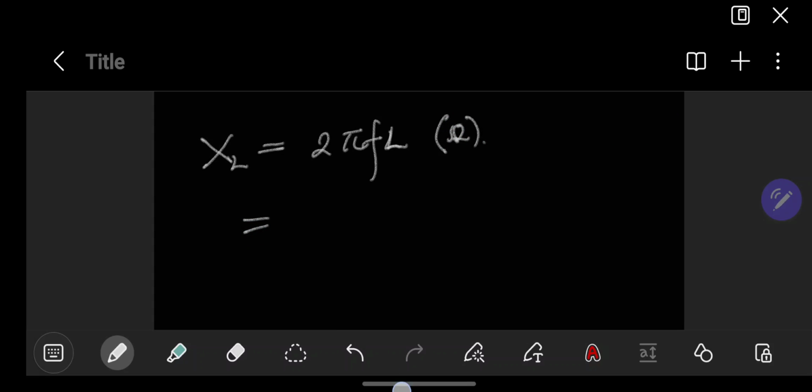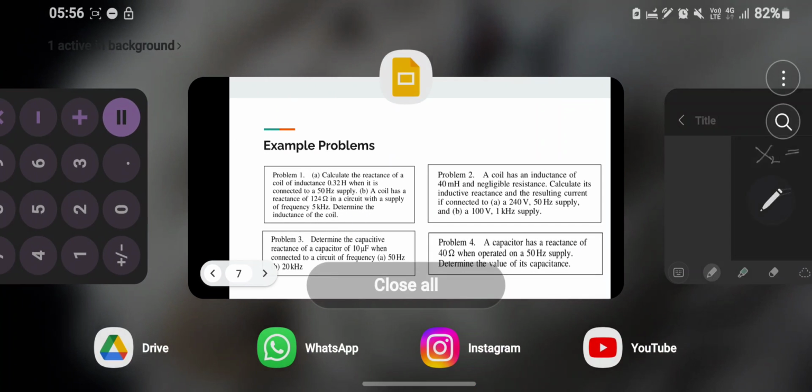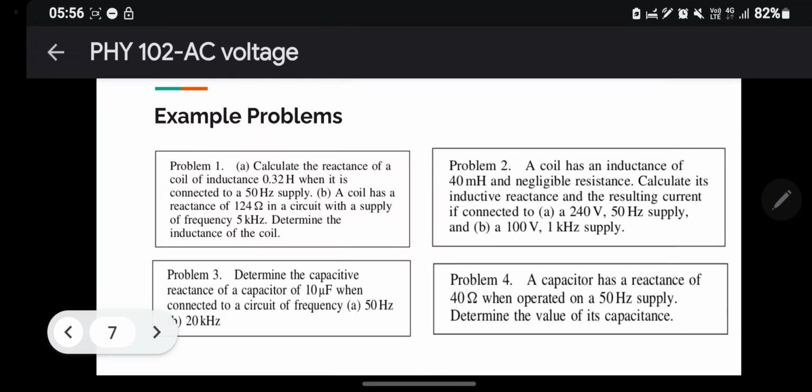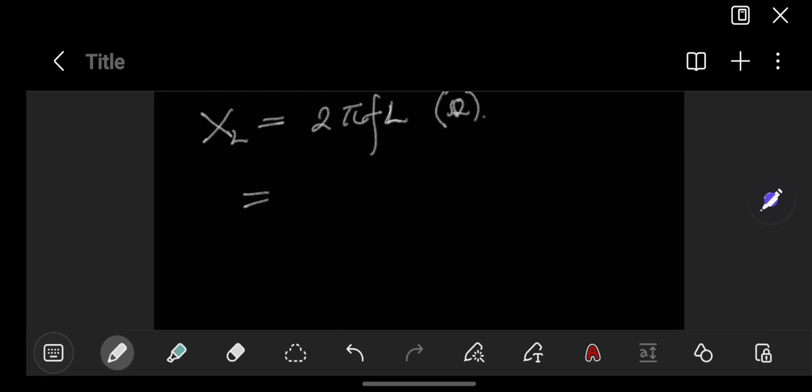So basically the first question is pretty much straightforward. We are given the inductance of 0.32 Henry. Then we have the frequency of our supply as 50, which is all we pretty much need. So F is equal to 50 hertz. Then L is equal to 0.32 Henry.